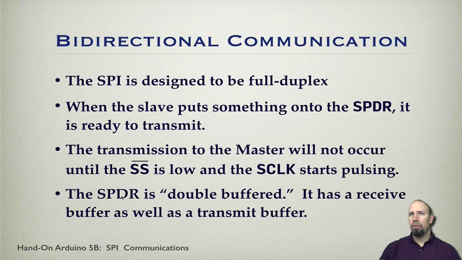It's important, otherwise you just lose that data. So you need to make sure that you are reading before you try to write new data. So that's the trick of SPI communication: that concept of a double buffer on that register.